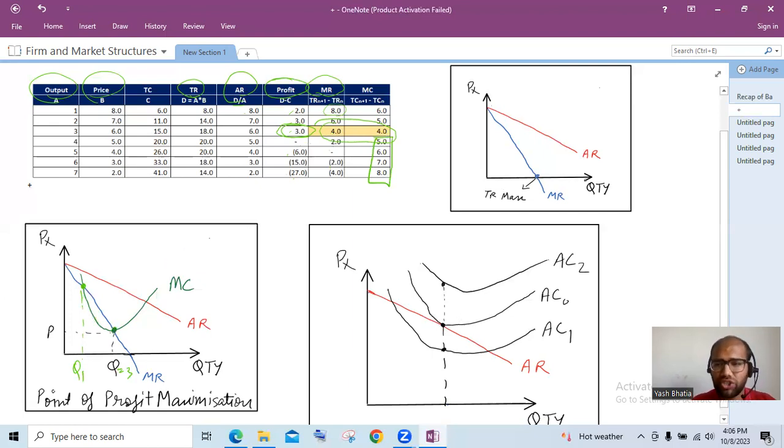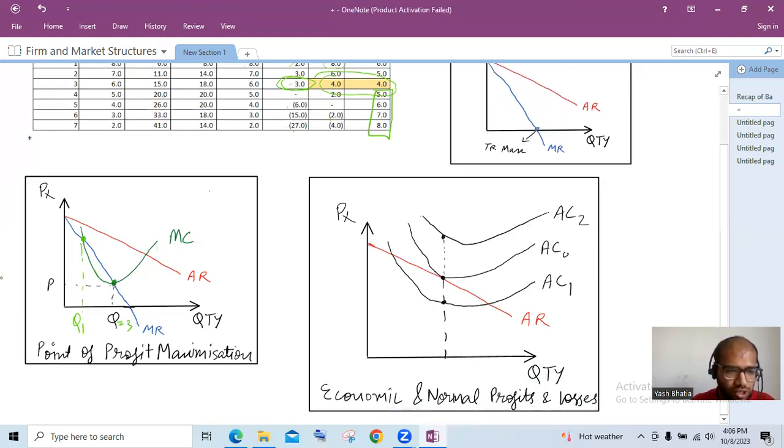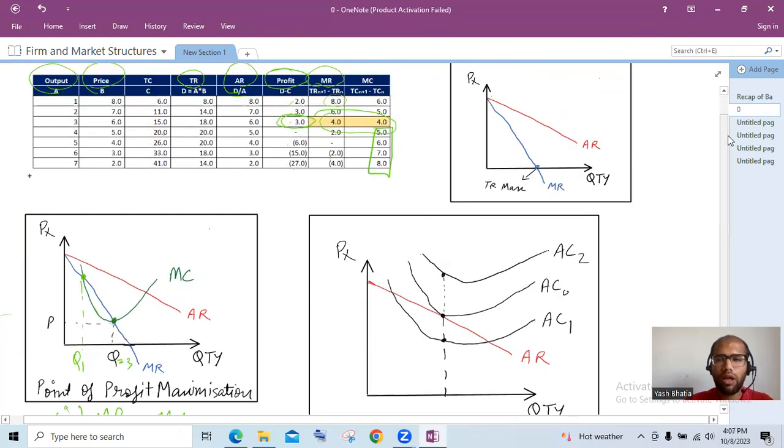So for profit maximization, where our profit is maximized, there are two conditions. I'm writing it here. First one is MR should be equal to MC, and second condition is MC should be rising after cutting MR. Okay, so these are the two conditions that are necessary for achieving the level where the profit is maximized. You need to remember that.